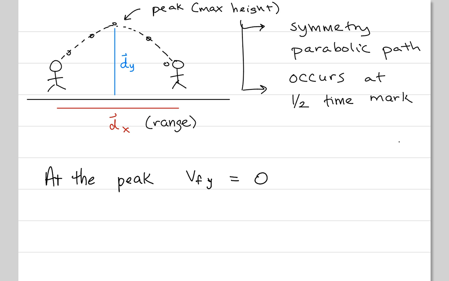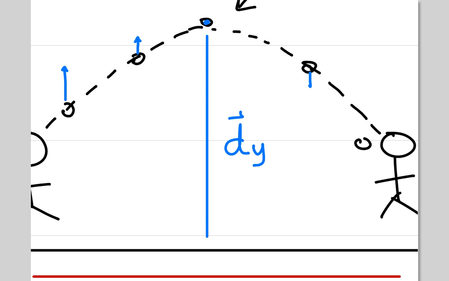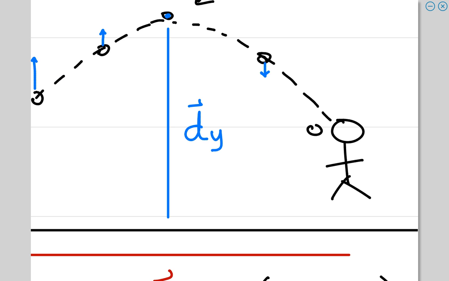If I throw something up in the air, at the very top, what happens in the vertical direction? If I was to draw in these vectors, you'd have this velocity decreasing because gravity is working against it. And right here, there'd be no arrow at all. And then on the way down, you would have this symmetry. It would be the exact same speed on the opposite side, just in the opposite direction.